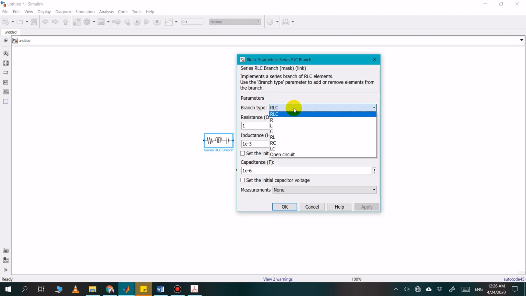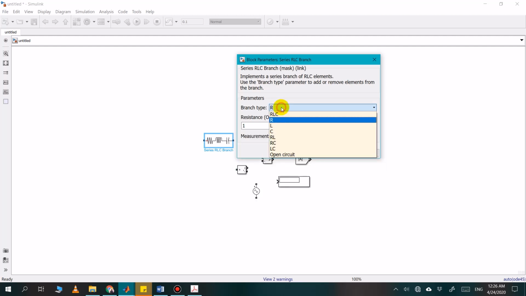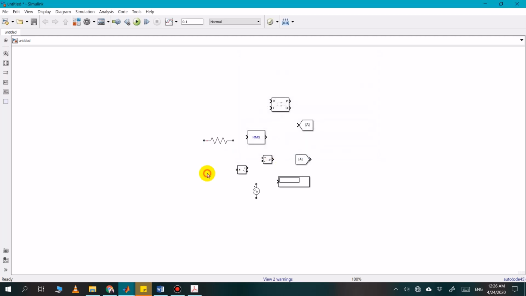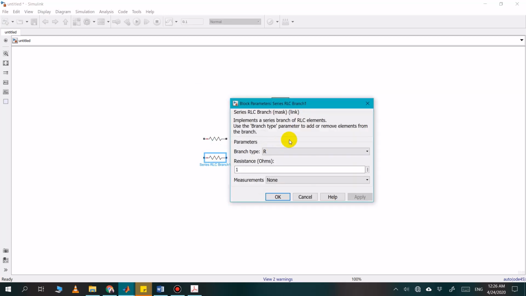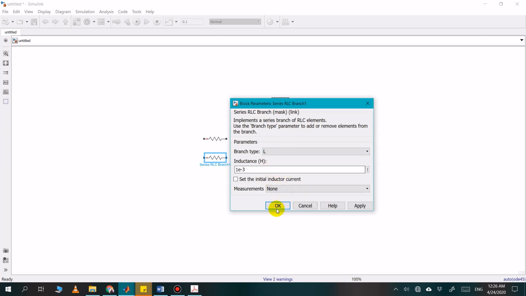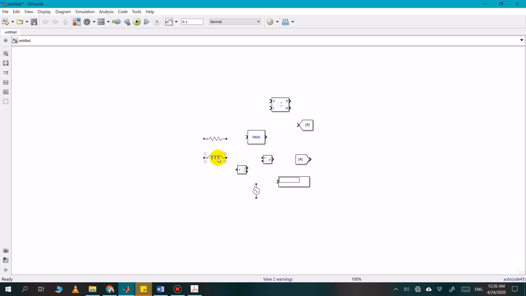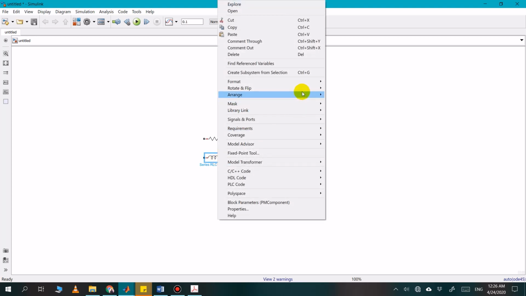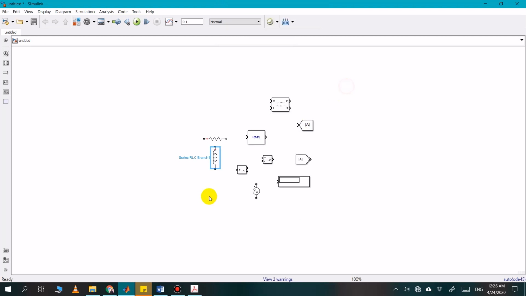When you double click the RLC branch, you can make it R, L or C or any combination of these. You can rotate it like this.